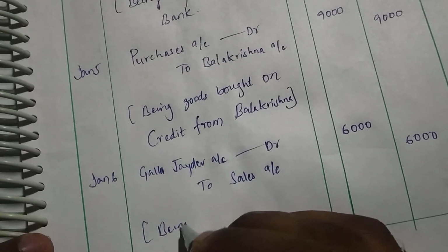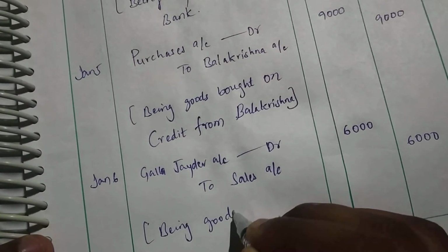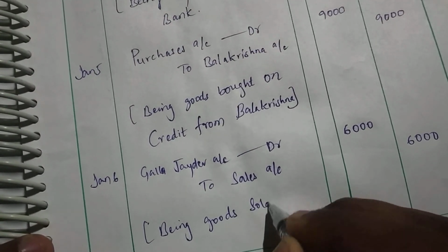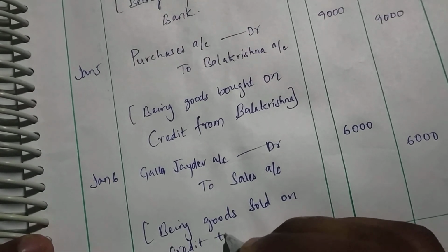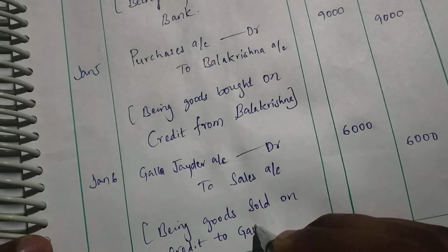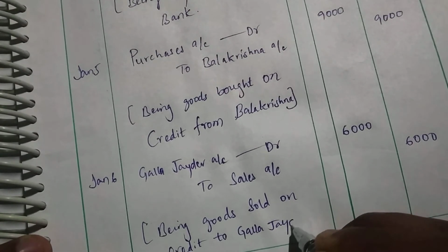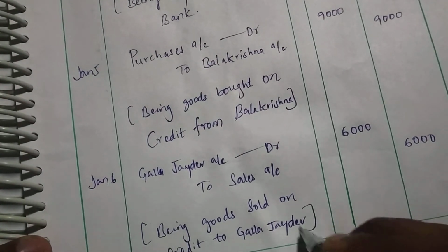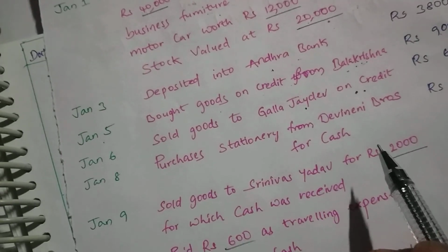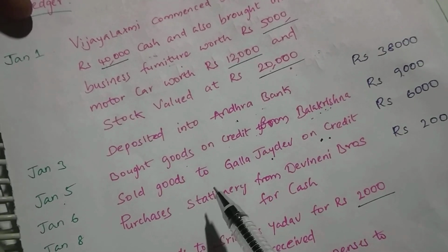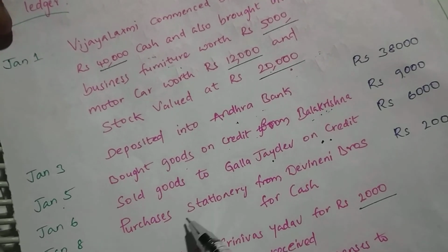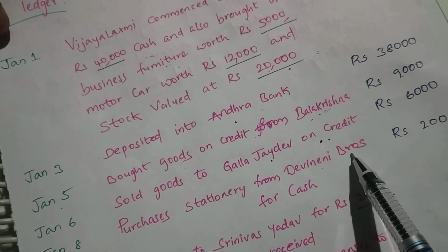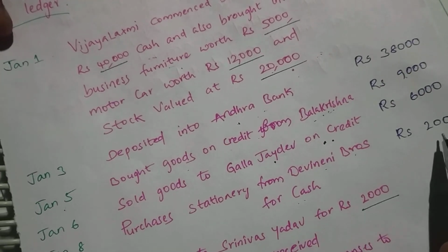Being goods sold on credit to Galla Jayadev. Next transaction. We are going to the next transaction. The next transaction is purchase of stationery from Devineni Brothers for cash, rupees 200.